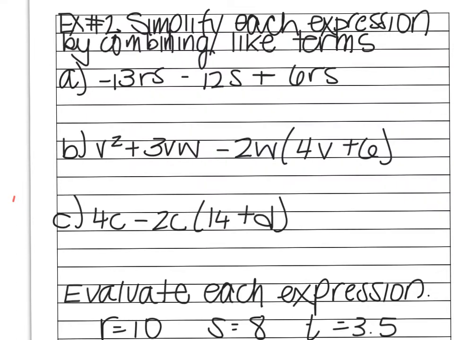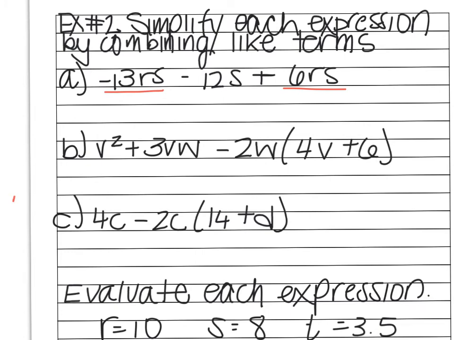Example number 2. Simplify each expression by combining like terms. For A, we have -13rs minus 12s plus 6rs. We're going to highlight our like terms here because they both have an rs. We can combine those.